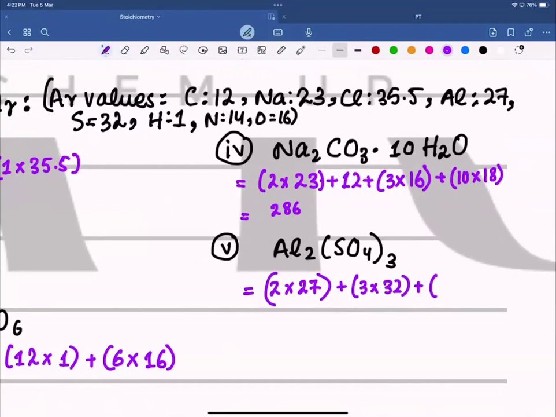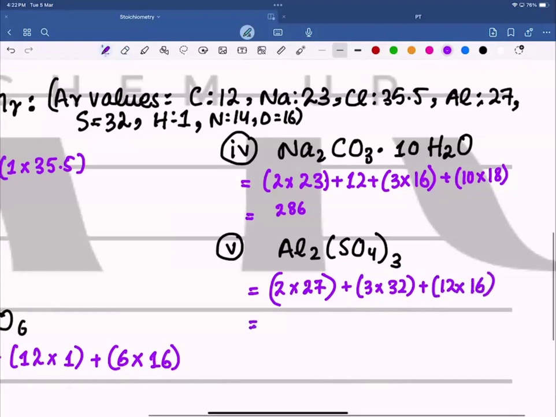There are 4 and outside the bracket we have 3. So 4 times 3 is 12. So 12 times 16. Yes, what is the MR? 342, right?